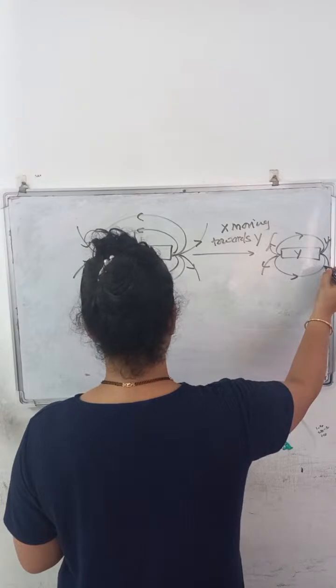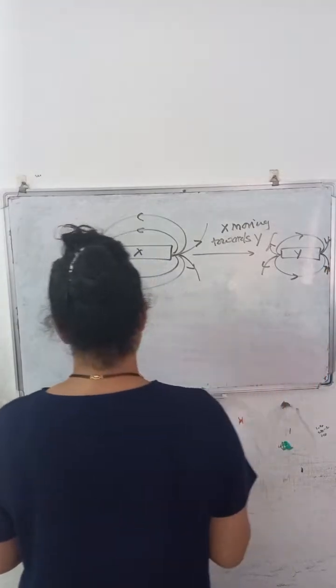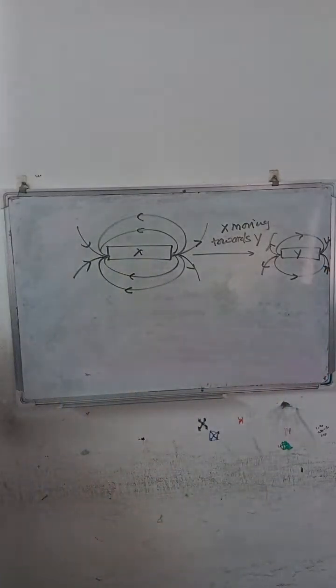The arrows are going in. So how can you justify here?